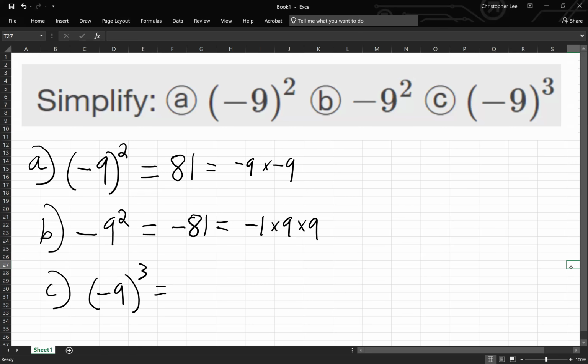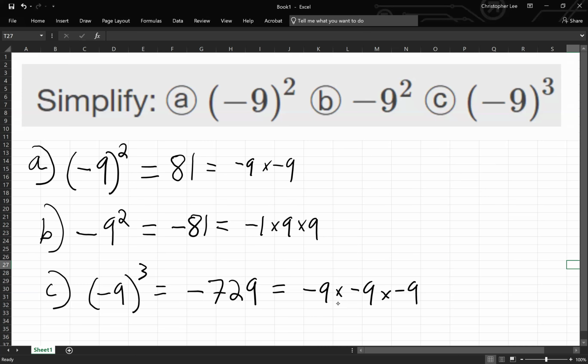No. I'm not gonna lie, I thought it was 27 at first too, though. -729. Right? Sounds like a savings plan, right? So the reason why this is -729, this is actually -9 times -9 times -9.